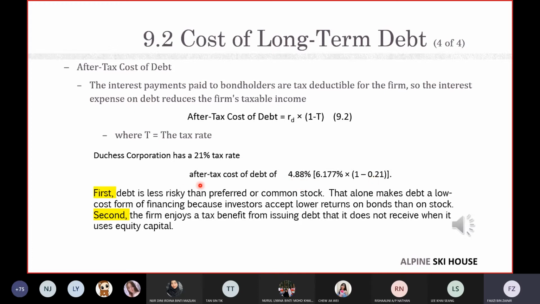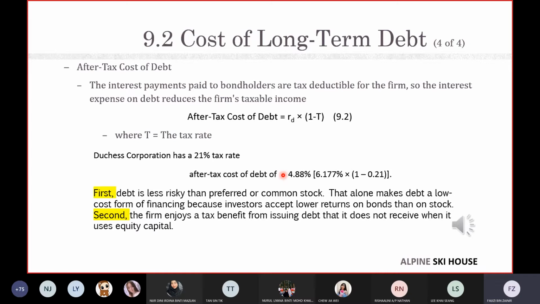Recall that when bondholders purchase a Duchess bond at par value, they expect to earn a 6% yield to maturity. Incorporating the issuance cost and the tax benefit of debt, the firm's after-tax cost of debt is just 4.88%, quite a bit less than the 6% return offered to bondholders.